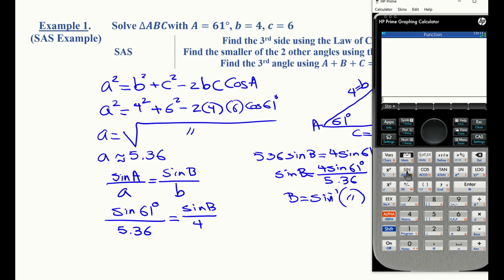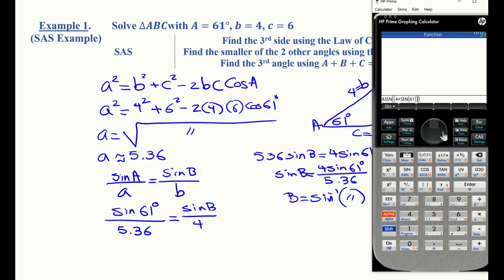So second sine, we'll open parentheses, then we'll type 4 times sine of 61, and looks like we got too many of these. Let's get rid of 1. That looks better.